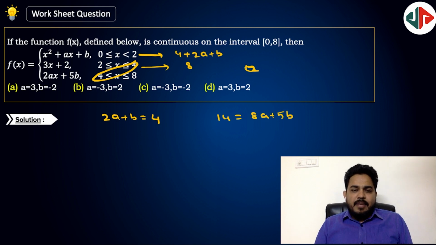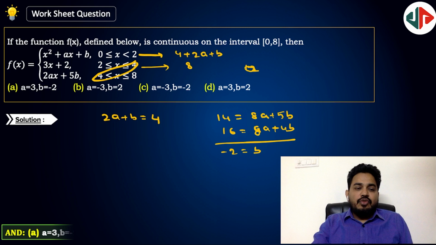So multiply this one with 4 times. 16 is equal to 4a, 8a plus 4b. Let us subtract one from other. So minus 2 is equal to b. So b is equal to minus 2. A is equal to 3. Okay.